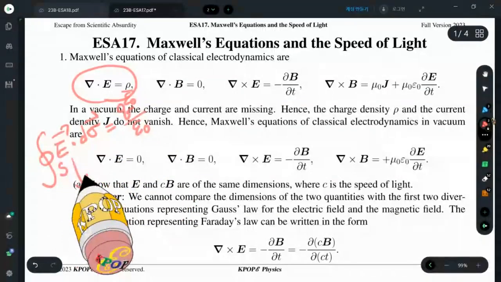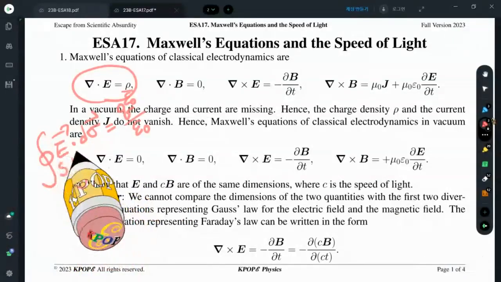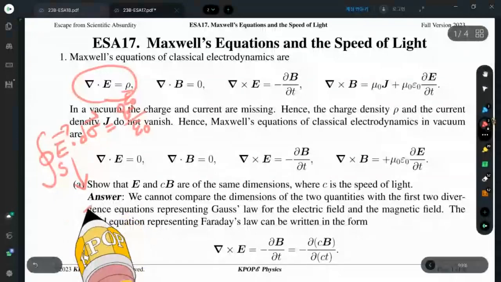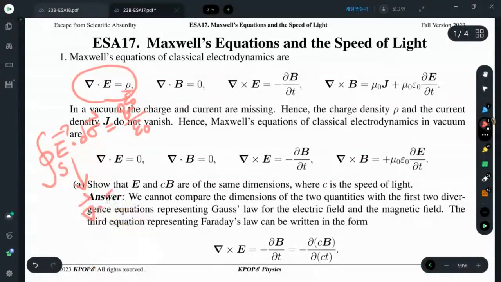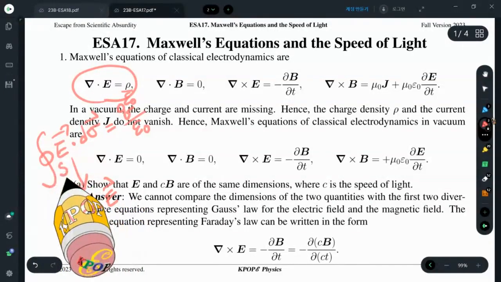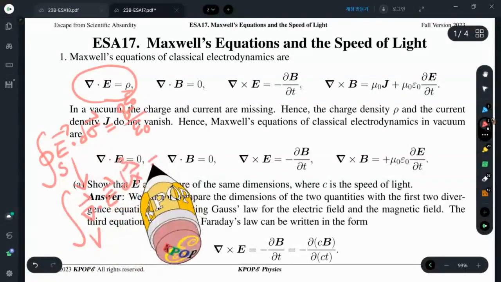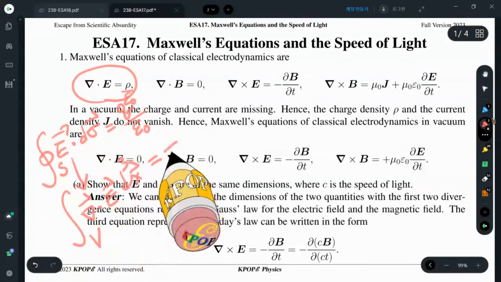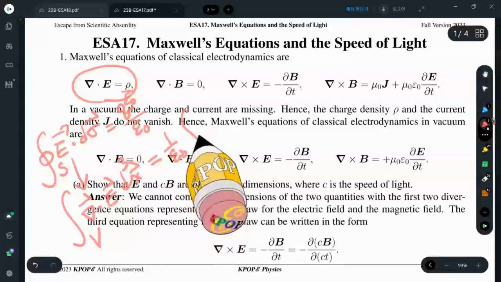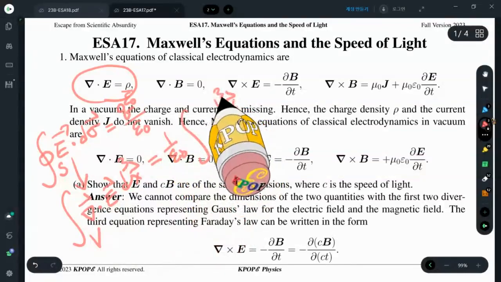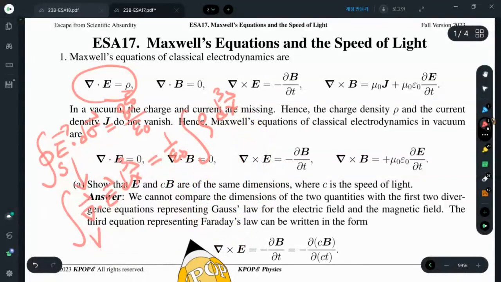And this one can be converted into a volume integral by making use of the divergence theorem over a volume that is enclosed by that surface, and this volume integral is this charge. So charge is the volume integral of density.